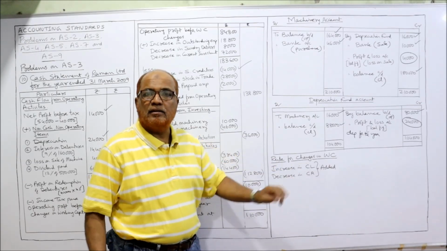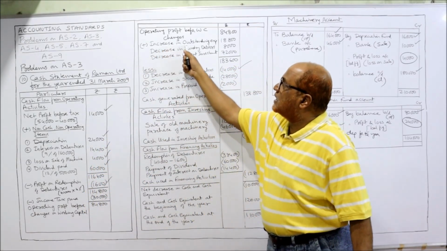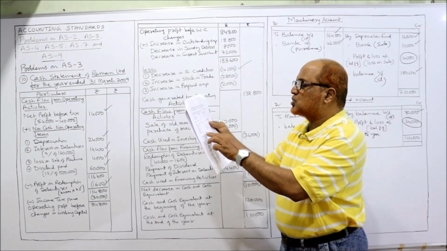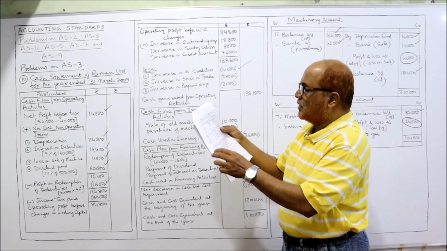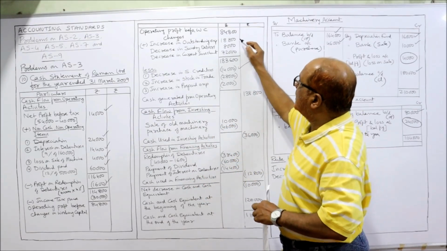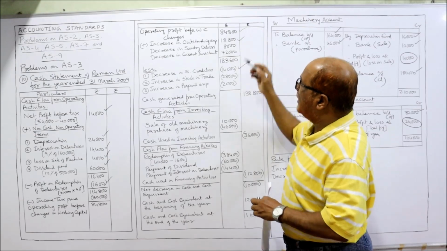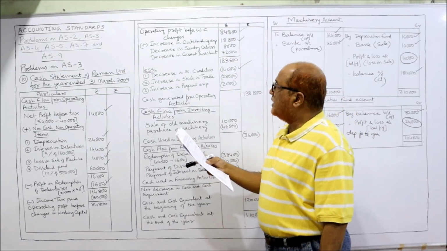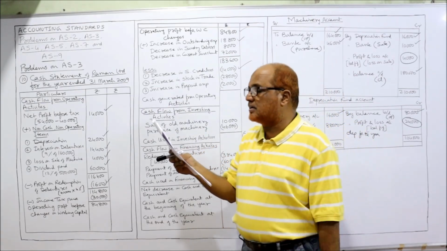It should be added. So add it. Increase in outstanding expenses: how much? 48 minus 30 is 18,000. So 18,000 I have added.